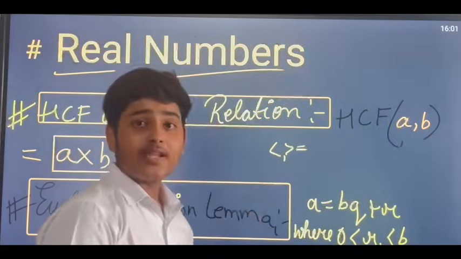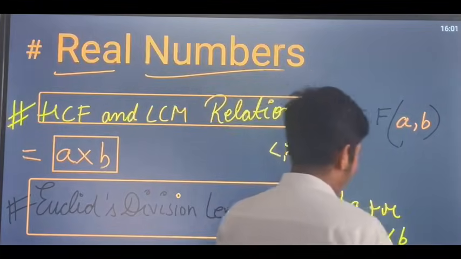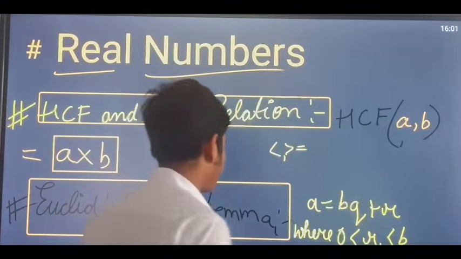A is equal to BQ plus R, where 0 is less than or equal to R and R is less than B.